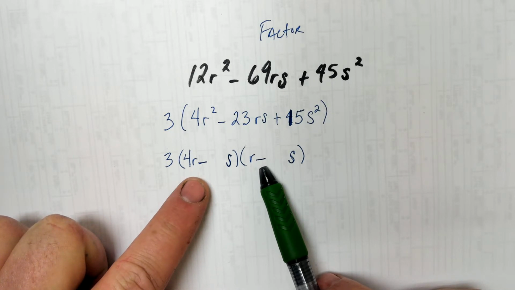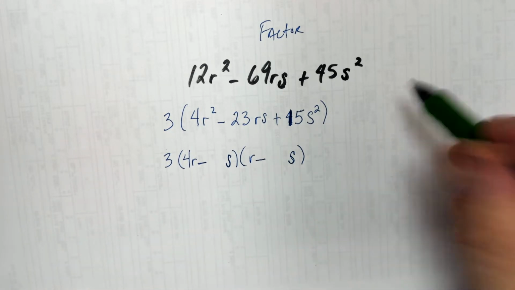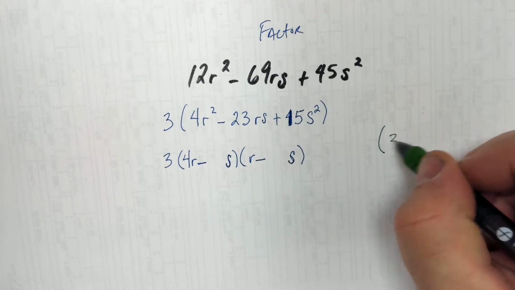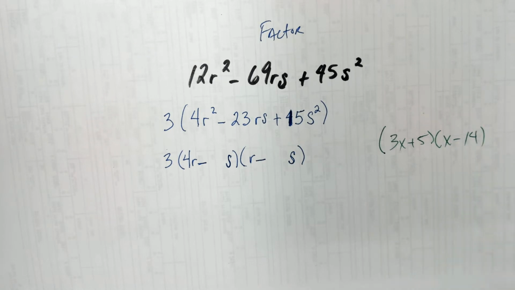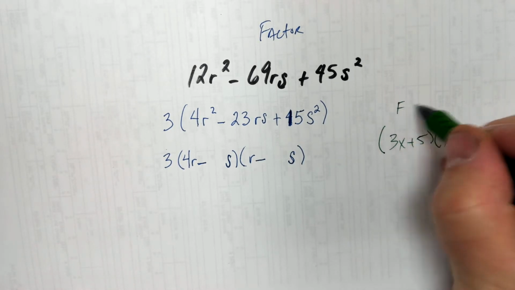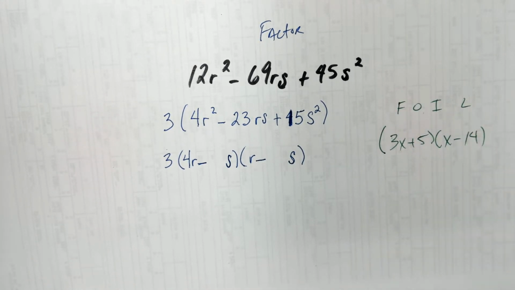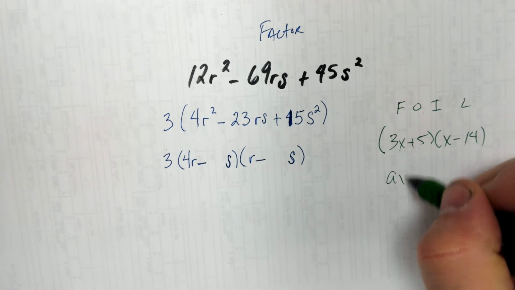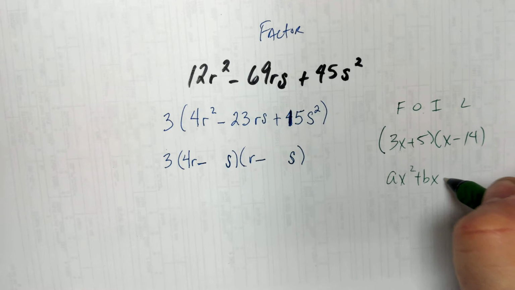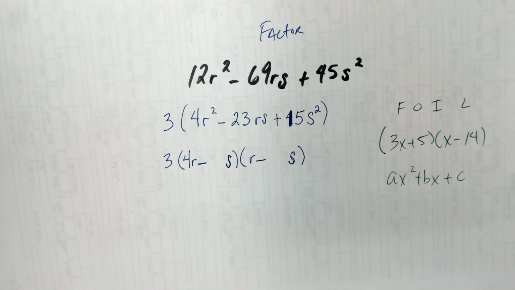Those are opposites. Well, you know when you have two binomials like say 3x plus 5 and x minus 14 or something, right? You know when you multiply those together, this is the shortcut you use, right? FOIL. And you know your answer is going to be something ax squared plus bx plus c. I don't know what numbers they are, right?